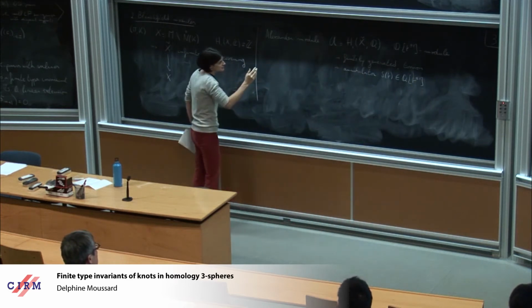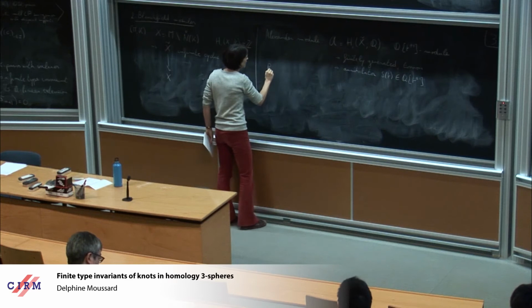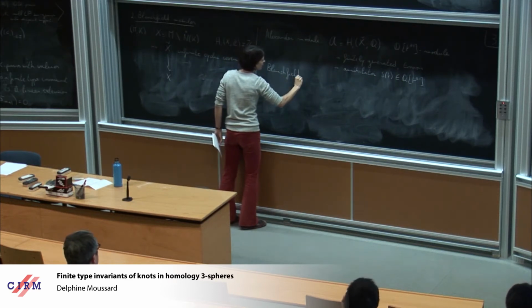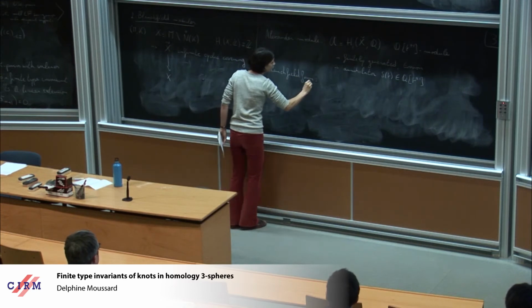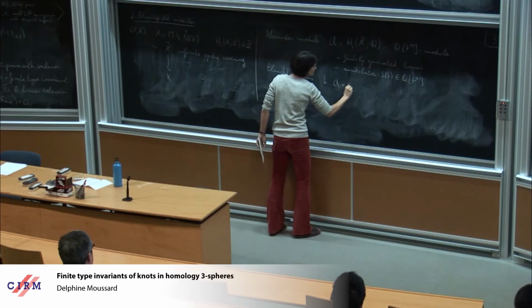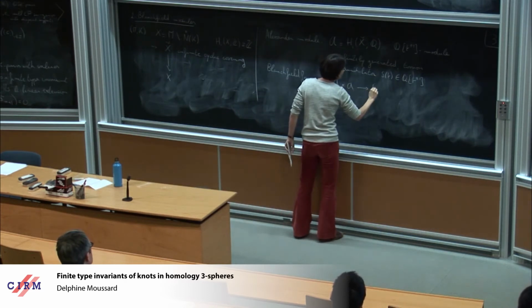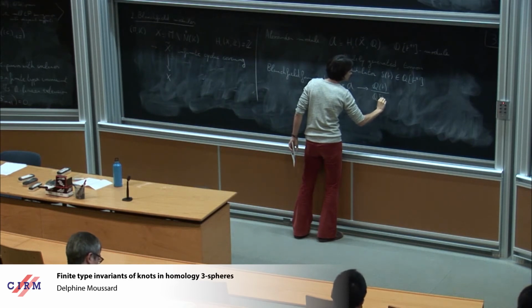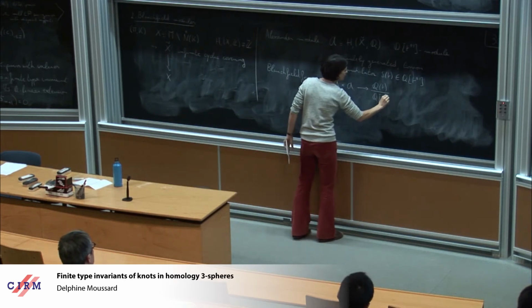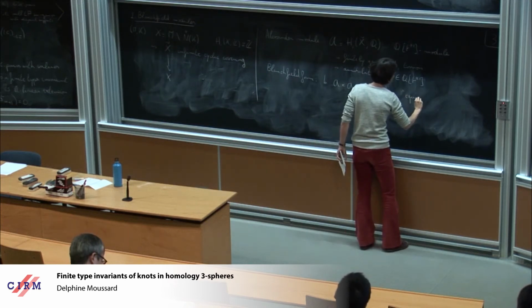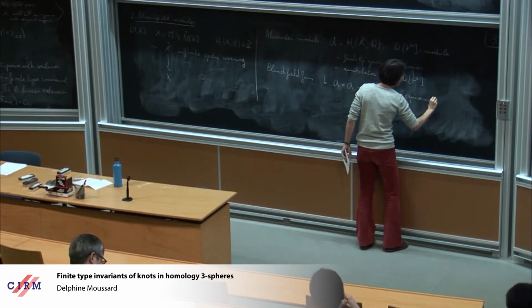And now on this module, we define the Blanchard form, which is a Hermitian form with values in Q(t) over Q[t, t inverse], also called the equivariant linking pairing.